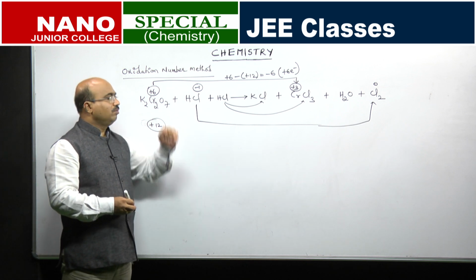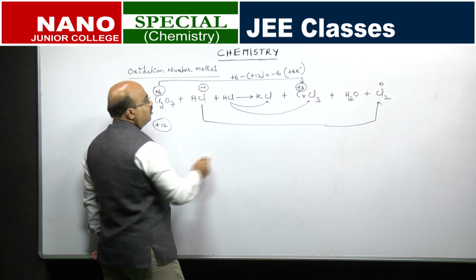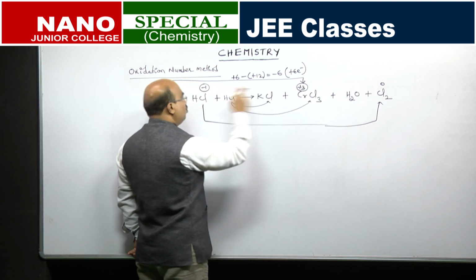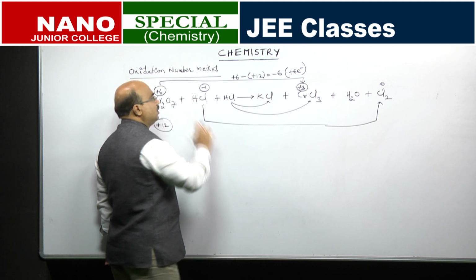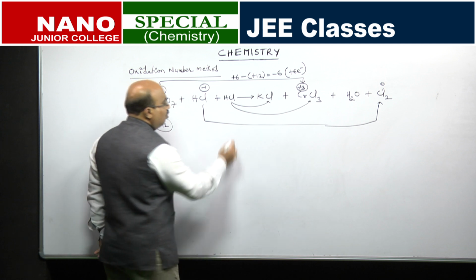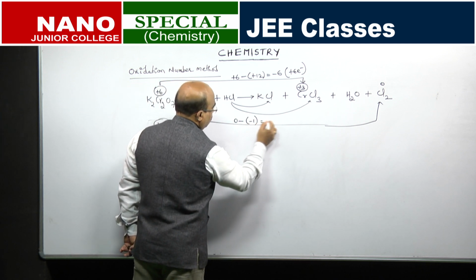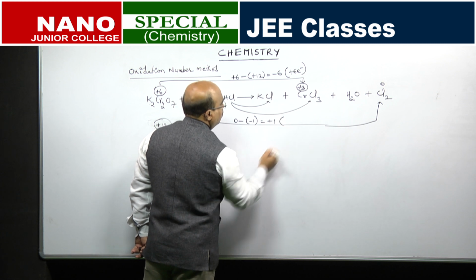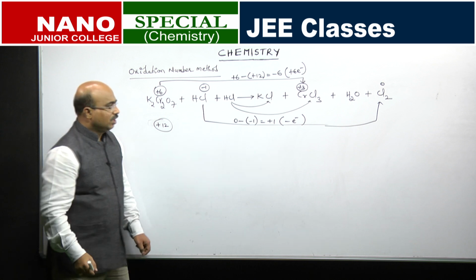With respect to chlorine, here it is -1, here it is 0. You can write 2 also, but we are calculating per 1. So, this is 0 final, this is -1, so +1 means 1 electron is lost. So, you can write 1.